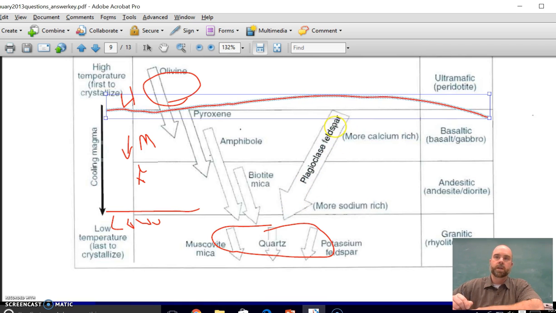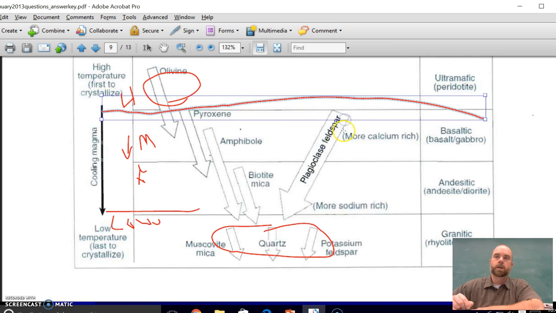Plagioclase feldspar is going to continue solidifying out at different temperatures, but that plagioclase is going to be more calcium rich when it's hot, and then as it begins to cool, a lot of the calcium ends up solidifying and you have more sodium left over. So that's why plagioclase feldspar is continuous but discontinuous over here.